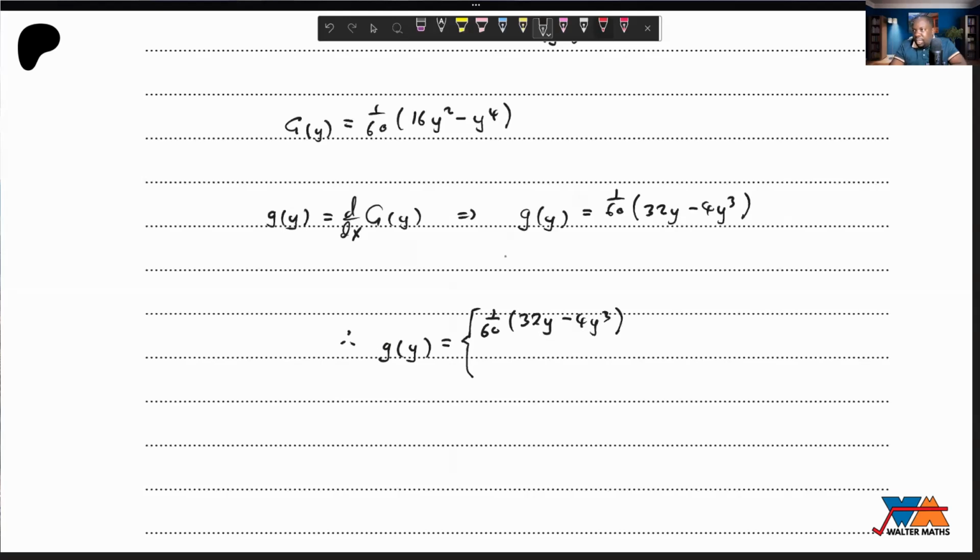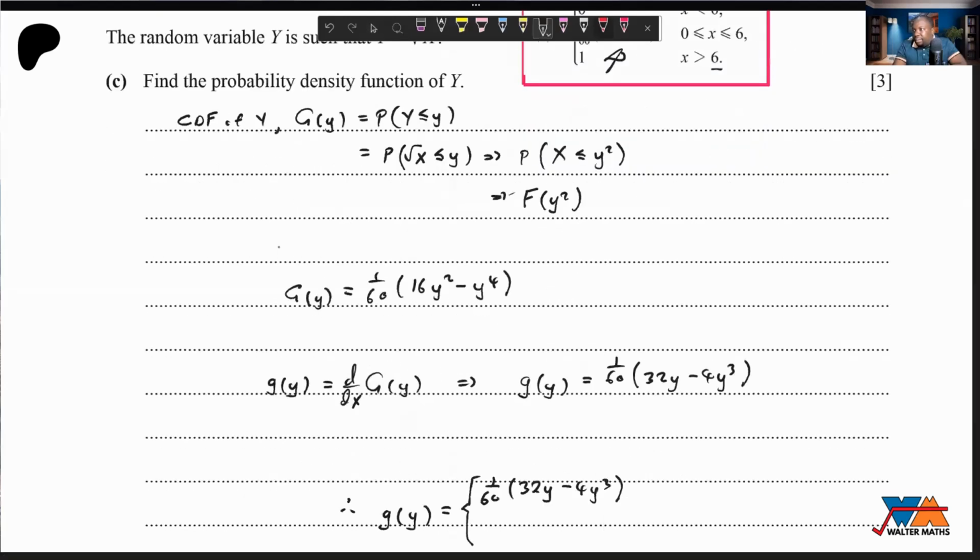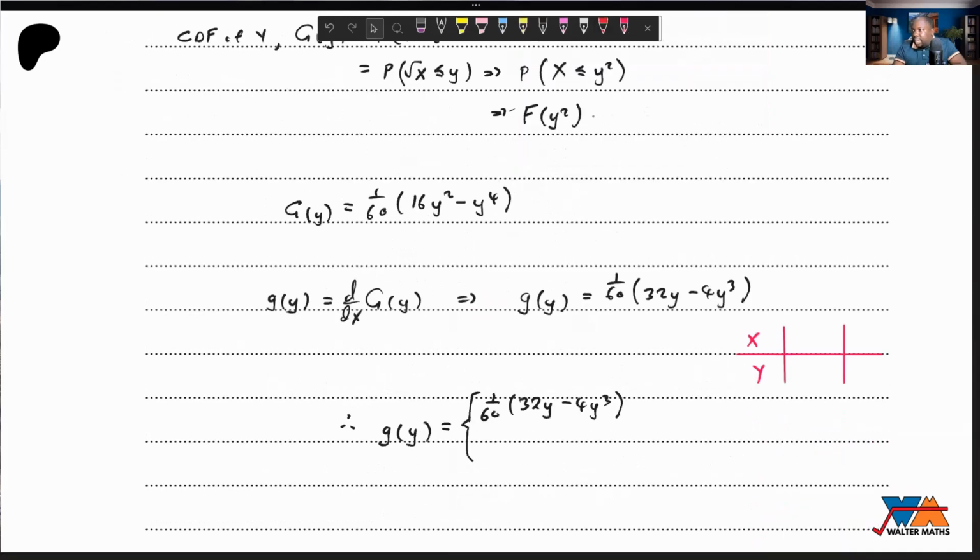And this is for the range of values. So we need the range of values. For that, we're going to say these are the values of x and the values of y. For the values of x, we had limits 0 and 6. And since y is equal to root x, we got 0 and root 6.